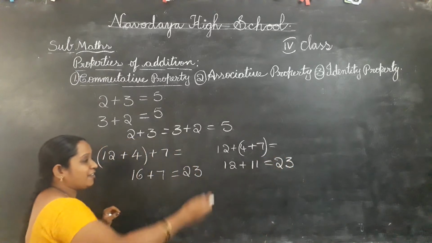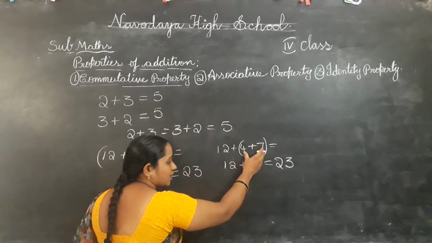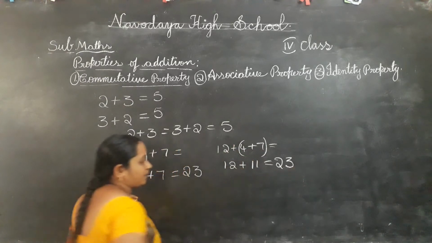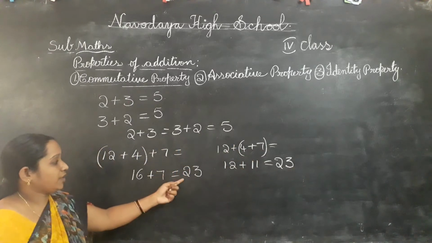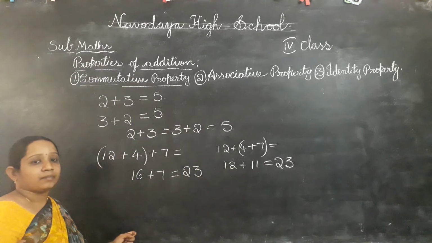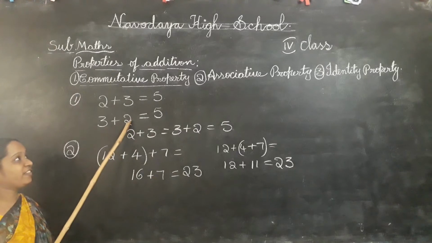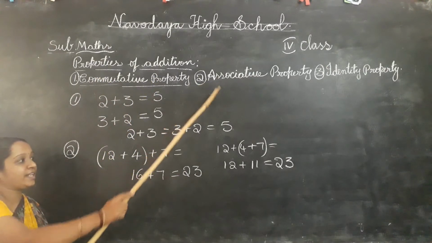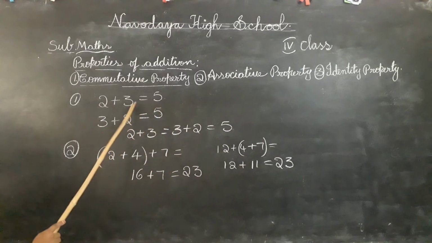So if you add first these two numbers, 11, next 12. 12 plus 11, 23. So here also we get 23, here also 23. This is the example for first one, children, commutative property, and this is the second one, associative property. Look here, children.